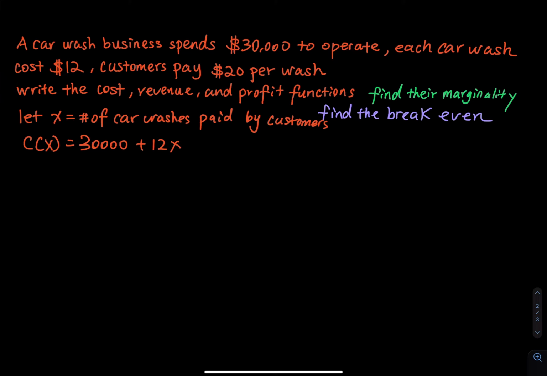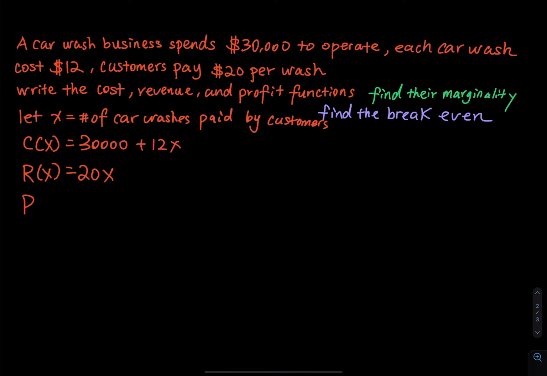And then the revenue function, I'm going to call that R of x. That is equal to the price times x, which is 20x. So if you sell 100 washes on that day, 100 times 20 is the total amount that goes to your pocket. But you have to take away the cost to calculate your profit.